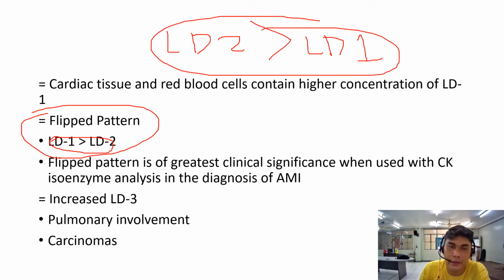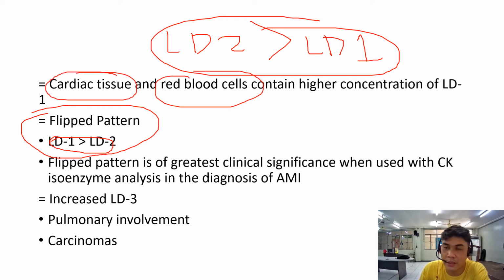If there is myocardial infarction, meaning cardiac tissue involvement, and red blood cell involvement, meaning if there is hemolysis, pernicious anemia or megaloblastic anemia, those conditions are associated with a flip pattern, meaning LD1 is greater than LD2 instead of LD2 greater than LD1. Okay? So the flip pattern is associated with cardiac tissue involvement and red blood cell involvement.